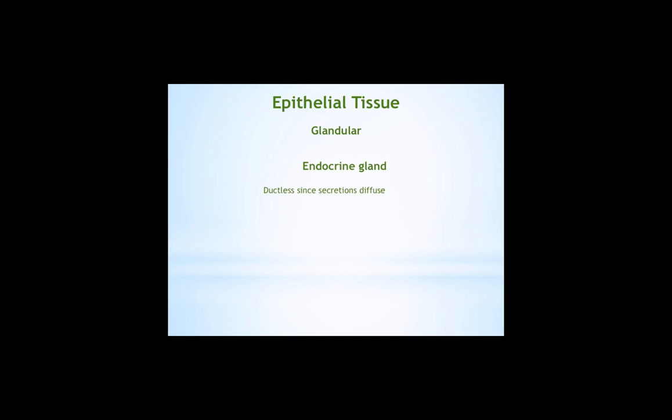Now, glandular epithelial tissue, there are two main kinds of glands. There's the endocrine gland and the exocrine gland. The endocrine glands produce hormones which go directly into blood vessels that surround the gland cells, whereas an exocrine gland has ducts and their secretions go through those ducts to an epithelial surface.